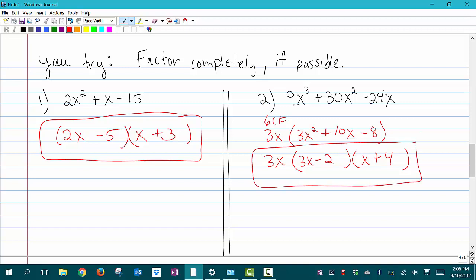Make sure to check your answers. Did you get them both correct? If not, go back and review how to factor polynomials with 3 terms.